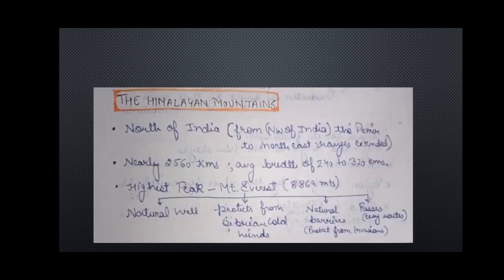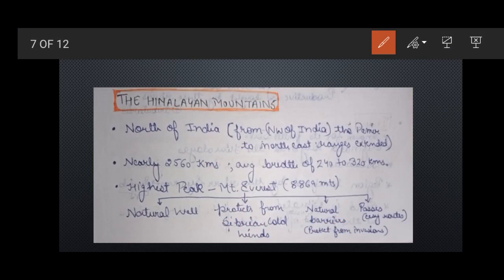The next topic, the second topic, is about the Himalayan mountains. As we all know, the Himalaya is present in the north of the country, but it doesn't exactly start from the north. It starts from the northwest of India, from the Pamir, and moves further to the northeast ranges.